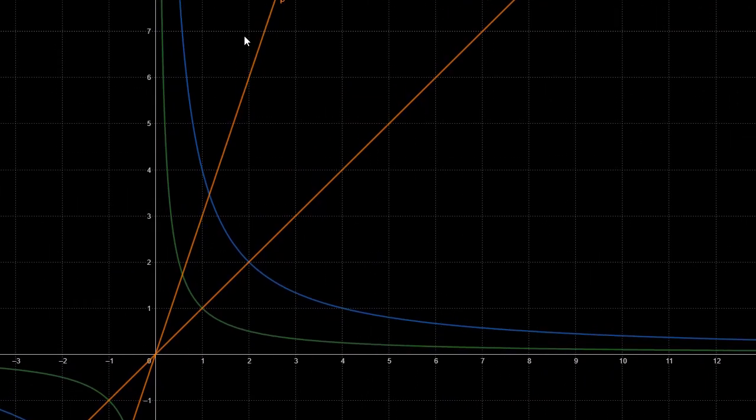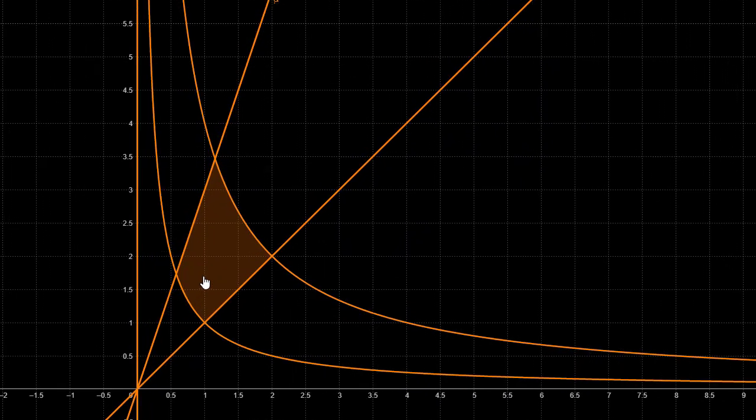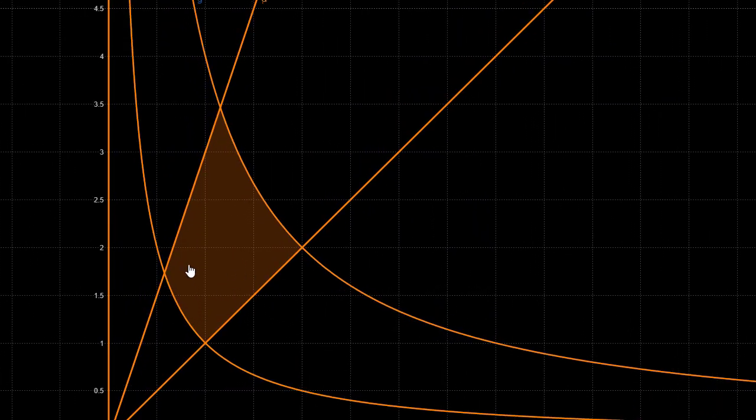Here are the two lines, and here are y equals 4 over x and 1 over x. If we look at the region bounded by all of these and fill it in, this region in here is our R. Let's zoom in on this.